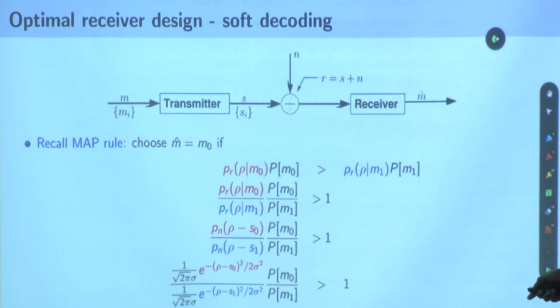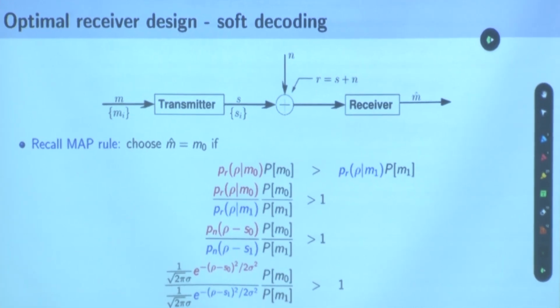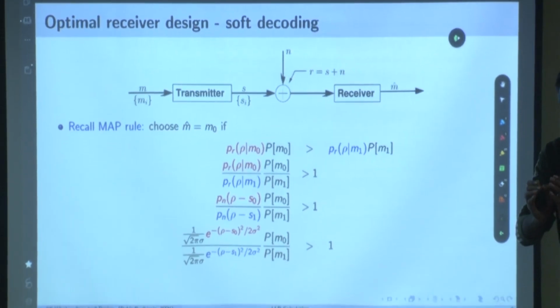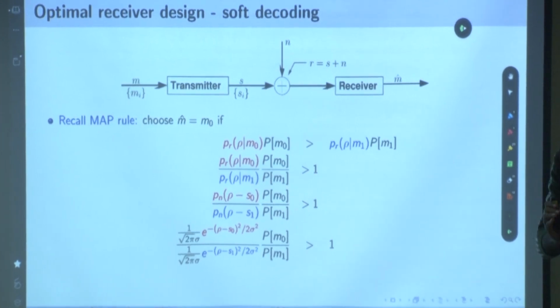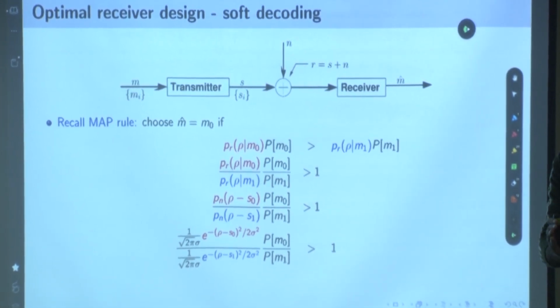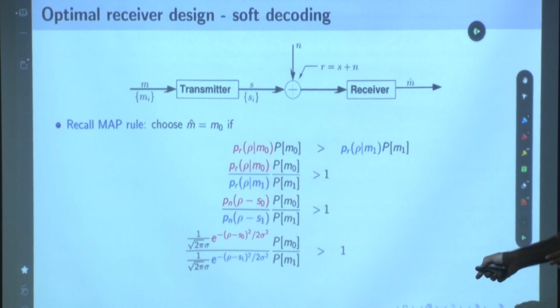So what is coming on top? This is the probability that M0 was transmitted, and this is the probability that M1 was transmitted. I am not thresholding that. Whatever probability I have calculated, I keep that probability as such, and calculate its ratio.